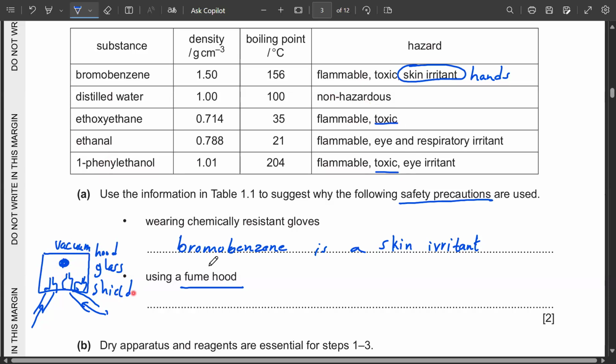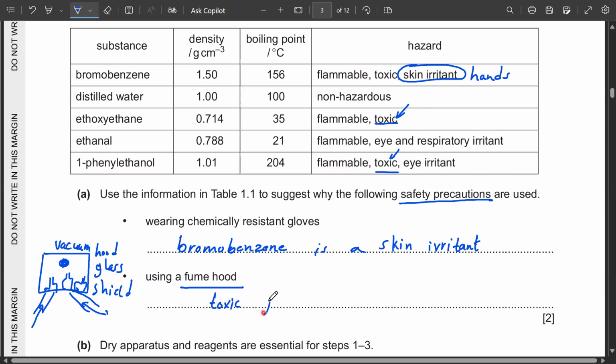So that's why a fume hood is used. So why are we using the fume hood? We are using it because the reaction involves toxic fumes, or you can say toxic gases are produced during the chemical reaction.